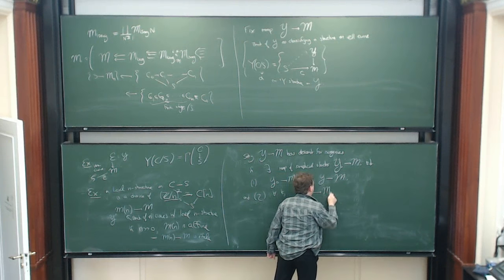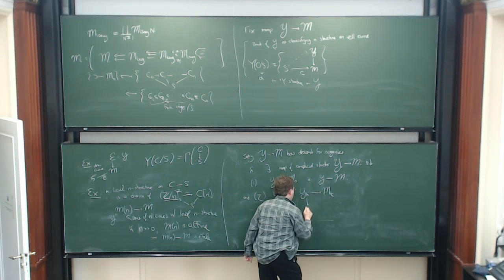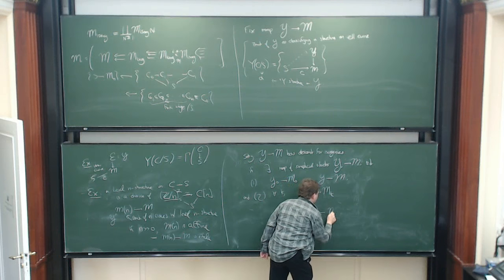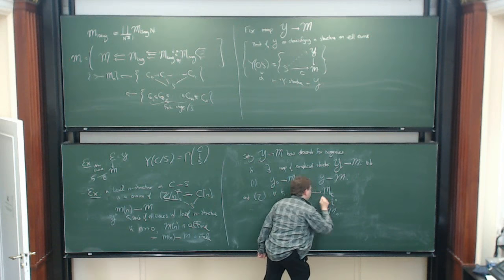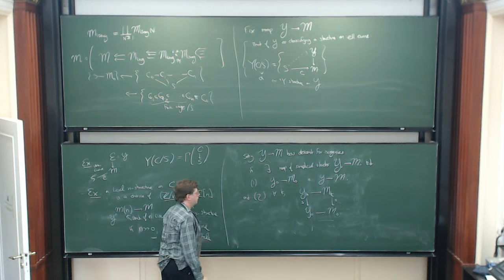Yk goes to Mk, that's this map, and I also have y0 goes to M0. And these vertical maps I'm going to call S. But let me say what this is.